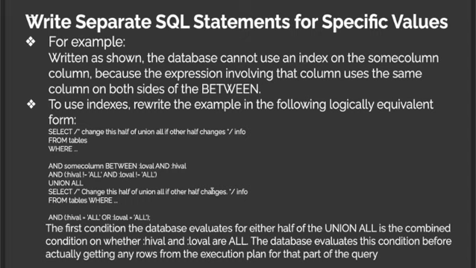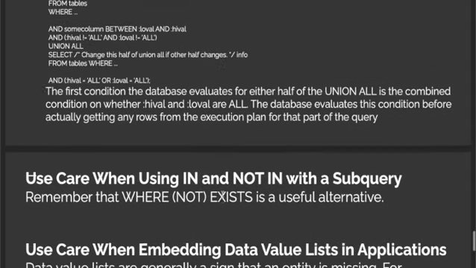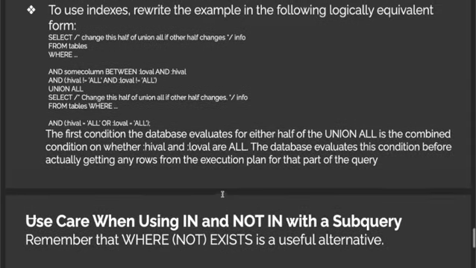When the condition comes back false for one part of the union all query, that part is not evaluated further. Only the part of the execution plan that is optimum for the values provided is actually carried out, because the final conditions on high-val and low-val are guaranteed to be mutually exclusive.